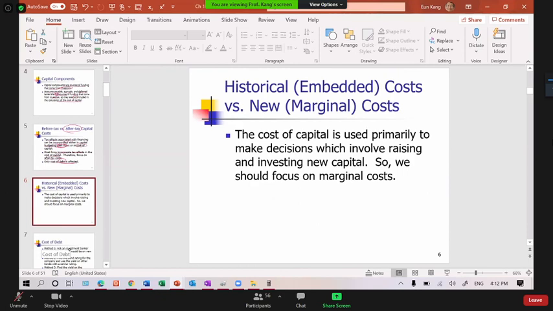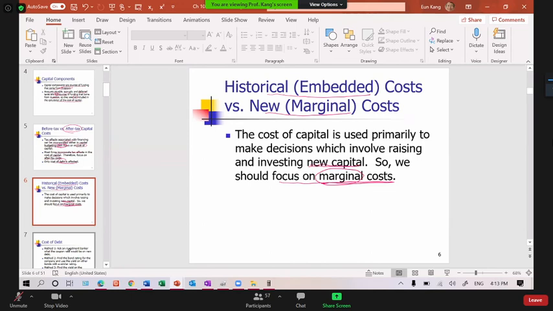And this one is important. Historical cost or new marginal cost. The cost of capital is used primarily to make decisions which involve raising and investing new capital. So we should focus on marginal cost.